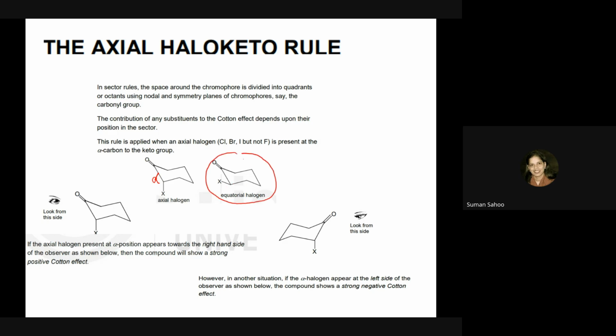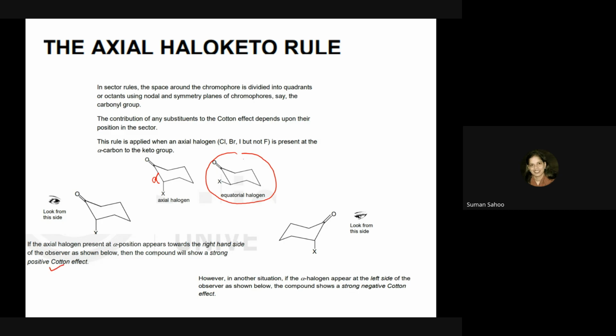halogens. When the axial halogen present at the alpha position appears towards the right hand side of the observer, then the compound will show a strong positive Cotton effect. Suppose you see this from this side, and you see that it is present at the right hand side of the observer, then it would show a positive Cotton effect.